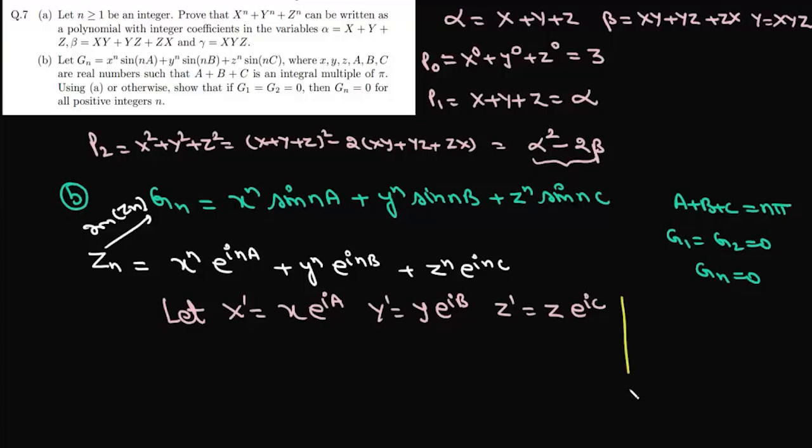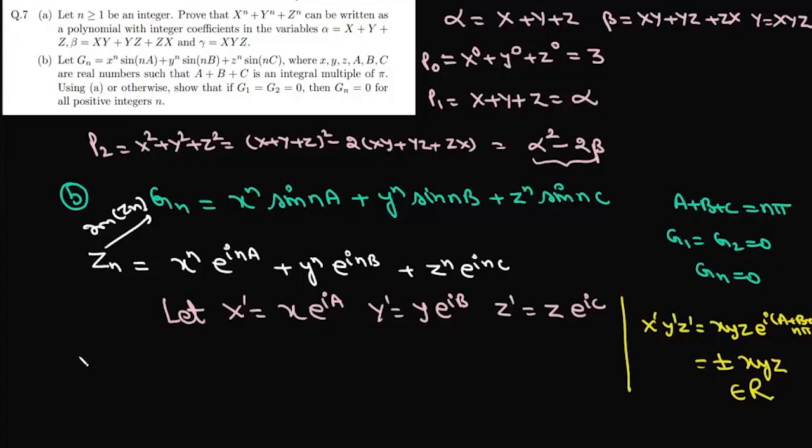Now we multiply these three, we can write x dash y dash z dash equal to xyz e to the power iota a plus b plus c, which is n pi. So this is cos n pi plus iota sin n pi. So sin n pi is 0, so it will be plus or minus xyz. So this x dash y dash z dash is a real number. It belongs to R.